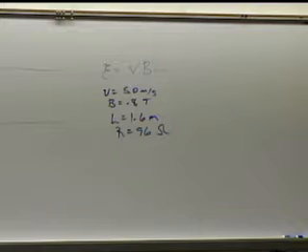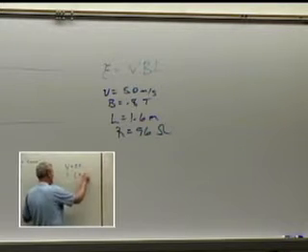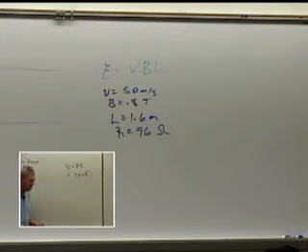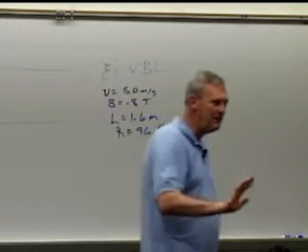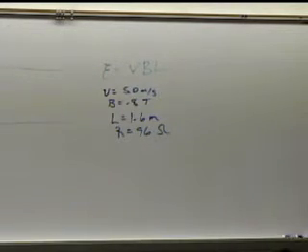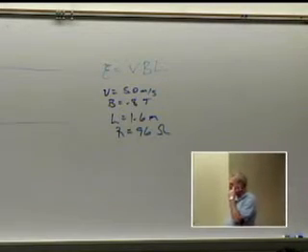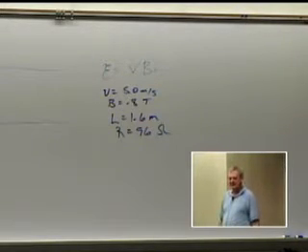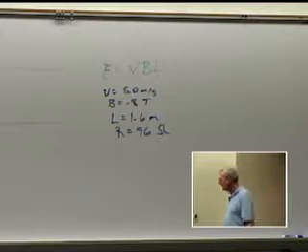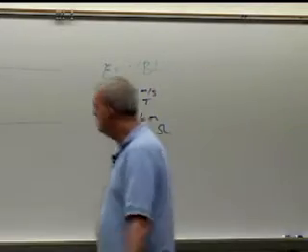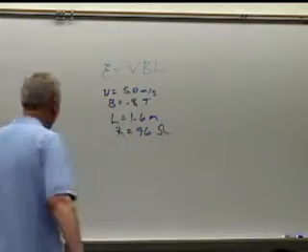So EMF, electromotive force. Get used to whenever you see EMF, you think voltage. EMF just means voltage, nothing fancy. It's the electromotive force that's produced by a magnetic field. We call it the EMF. So they want to know what the EMF is. Oh, well, that's pretty easy. Guess what?